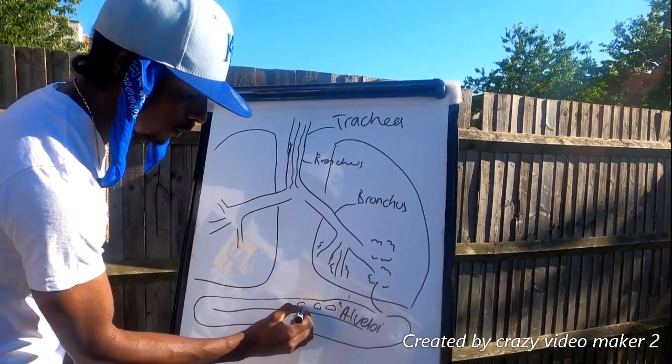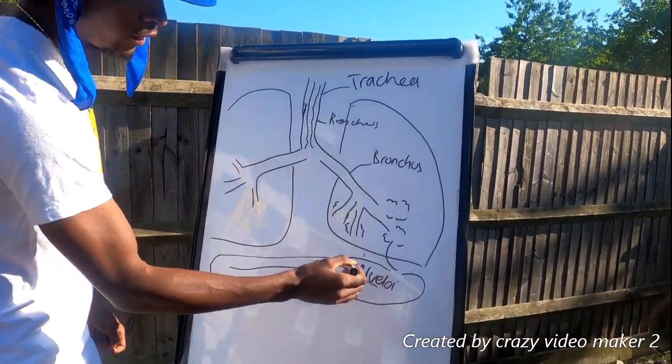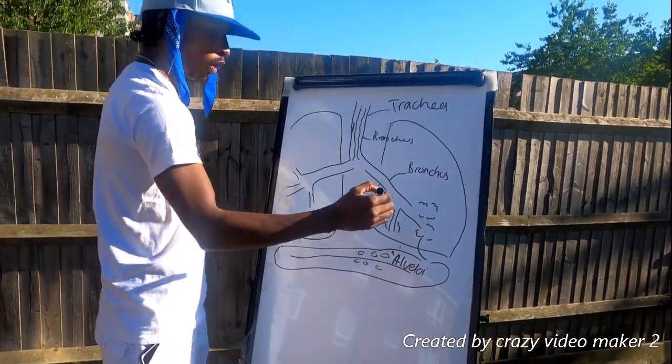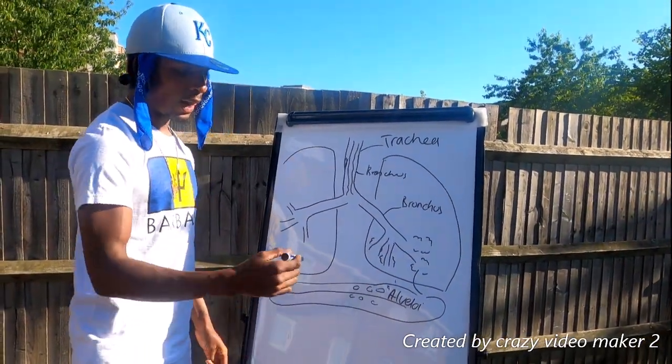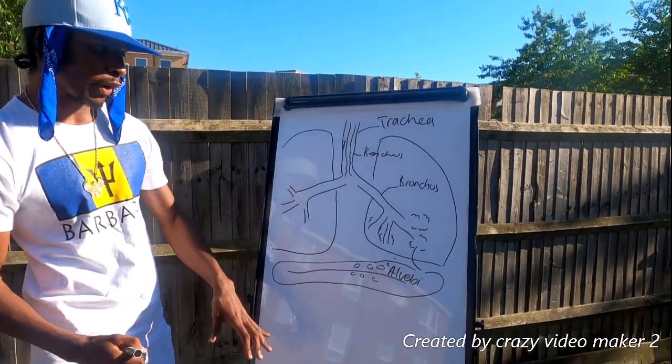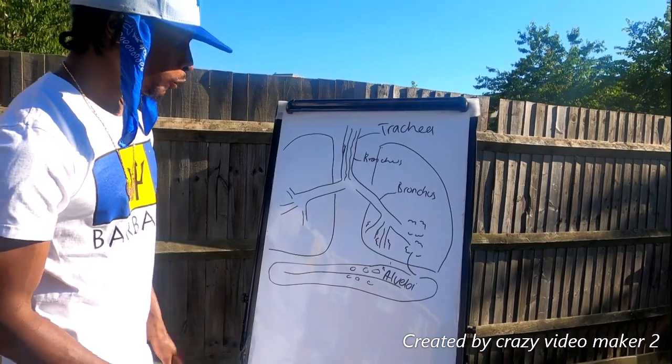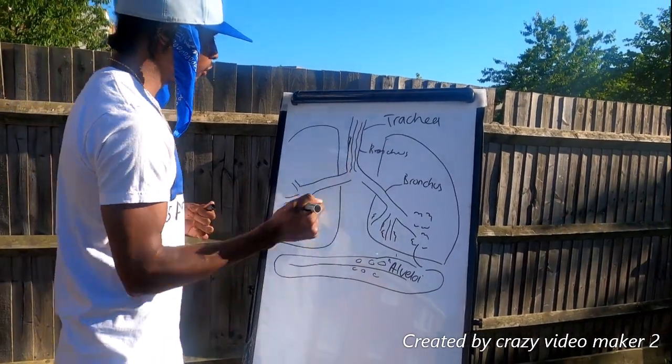And the hemoglobin is like the transportation of oxygen within red blood cells. That's done via the alveoli.